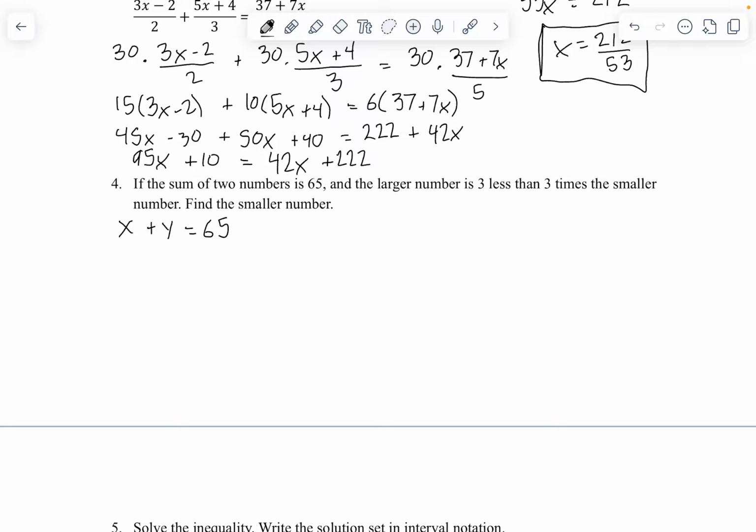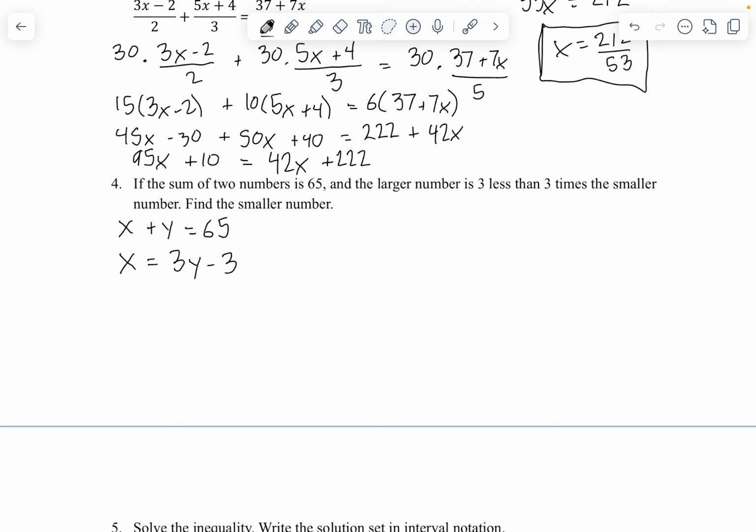Then we can say the larger number is 3 less than 3 times the smaller number. So if x represents the larger number and y represents the smaller number, then that would be x equals 3y minus 3, right? 3 less than 3 times the smaller number.